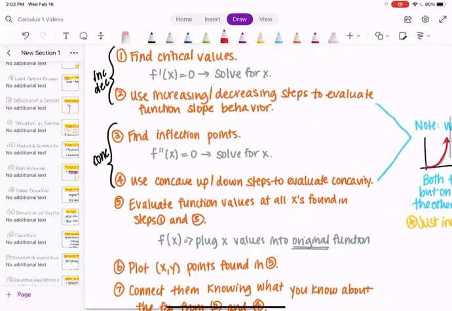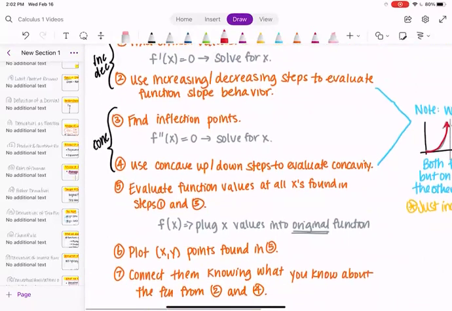Once you've found the ranges where your function is increasing and decreasing, you take all of the x values that you found when you set the derivatives equal to 0, and you find the y values at those x's from the original function. Because we want to graph something, we need a coordinate, an x and a y.